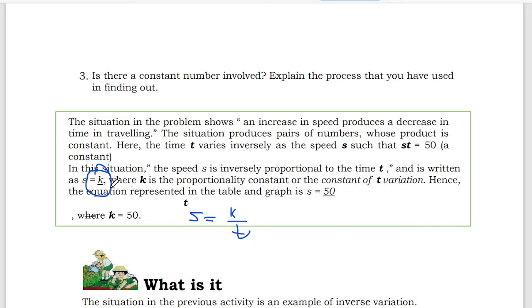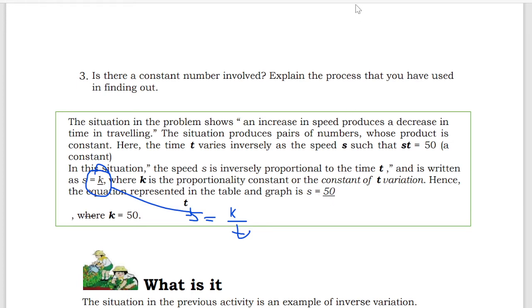Okay, so wherein k is the proportionality constant or the constant of variation. So hence, the equation represented in the table and graph is s equals 50, which is our constant, over t.